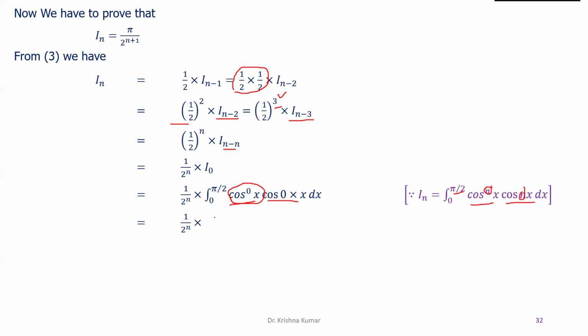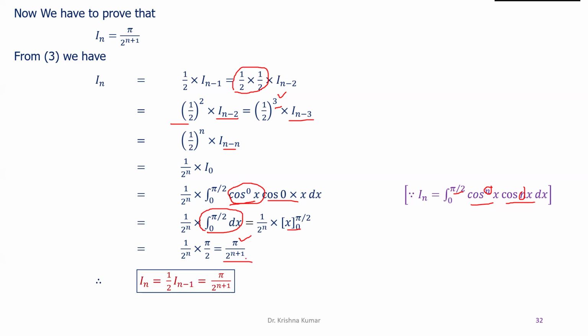So we have 1 upon 2 to the power n integration of 1 dx with respect to x under the limit 0 to pi by 2. If we integrate it, this is x under the limit 0 to pi by 2, and if we substitute the limit, 1 upon 2 to the power n times pi by 2 is nothing but pi upon 2 to the power n plus 1.